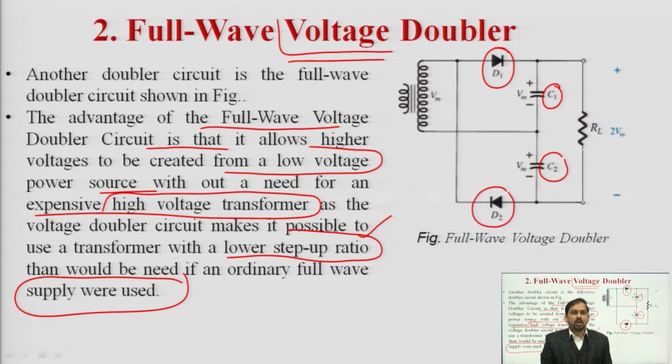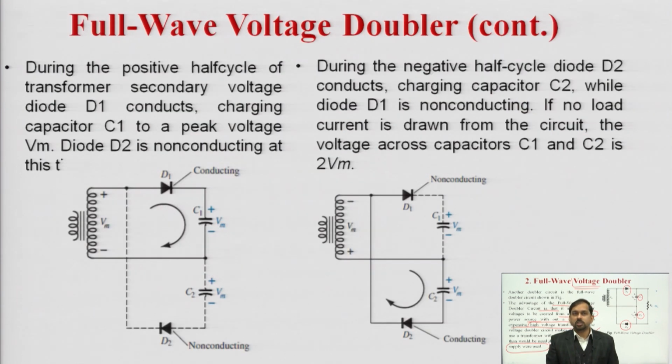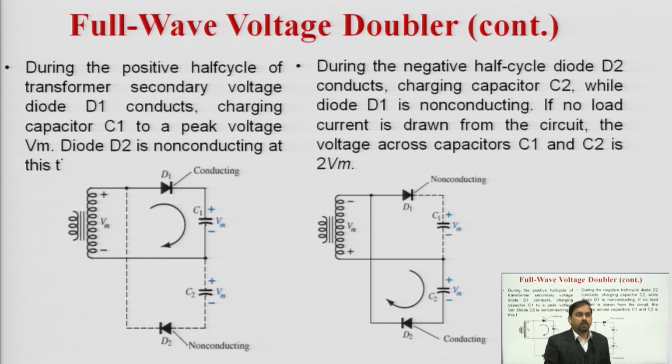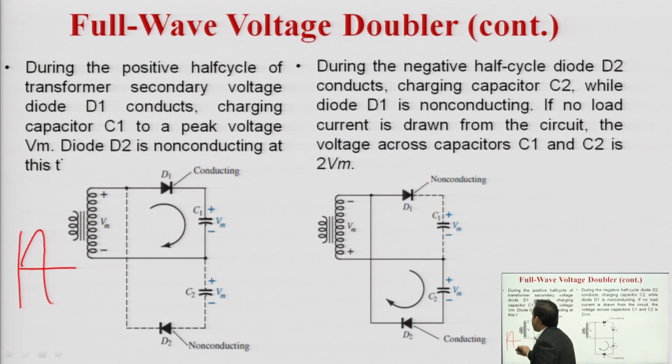We can start with the positive half, if we apply a sinusoidal waveform having a peak value of Vm, something like this. So this is positive, this is negative.